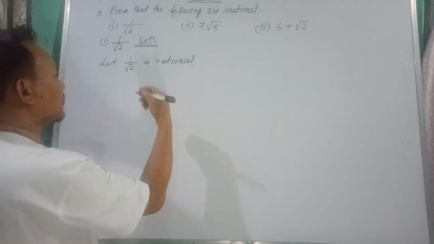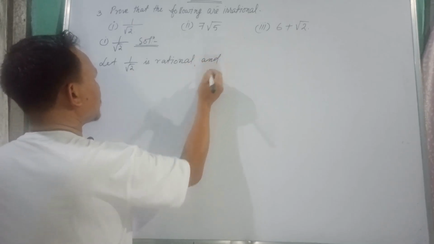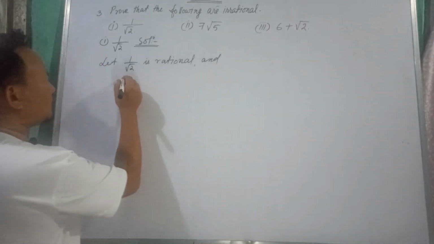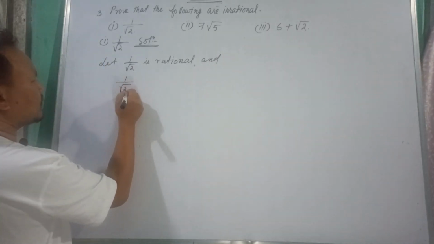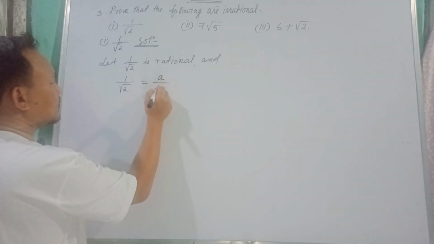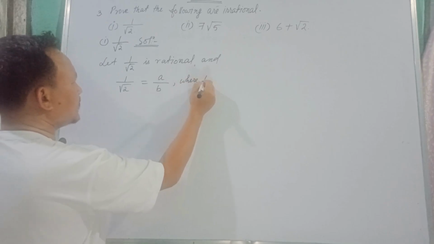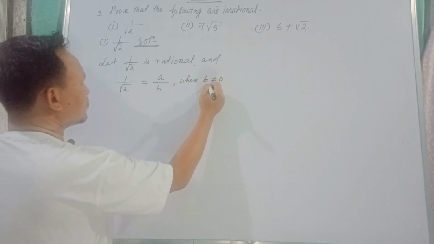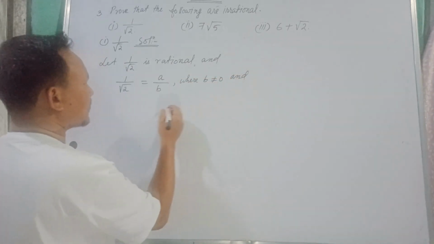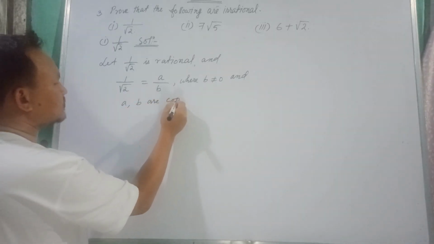We are taking the opposite, rational, and what we can write, 1 by root 2 is equal to, any rational number can be written in the form of p by q, but I will write it as a by b, where b is not equal to 0, and I can also write that a, b are coprimes.